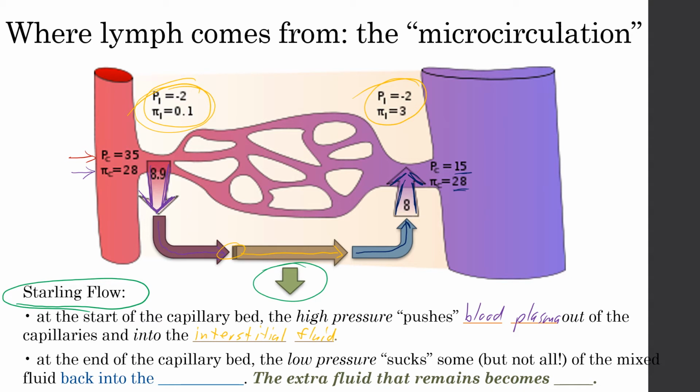At the end of the capillary bed, the low pressure sucks some, but not all, of the mixed fluid back into the venule. Okay, the extra fluid that remains becomes lymph. And that's what we're going to be concerned about today, is what happens to that fluid.